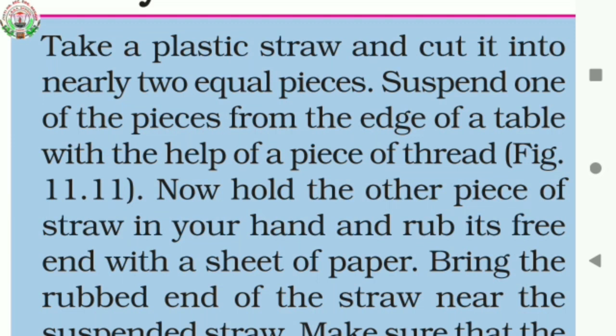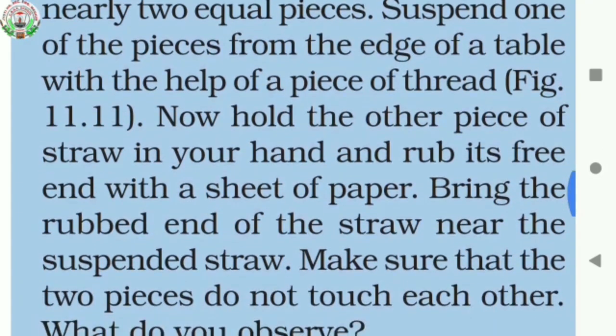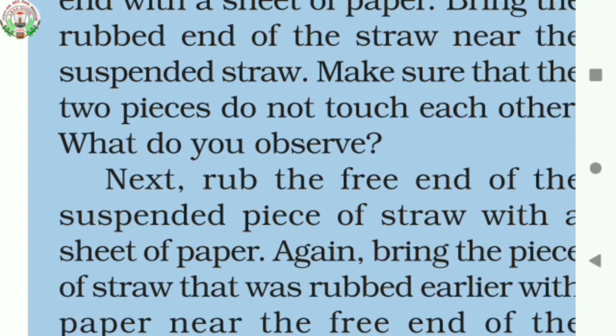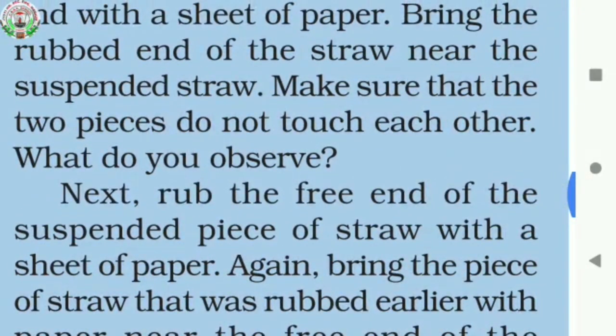Now hold the other piece of straw in your hand and rub its free end with a sheet of paper. Bring the rubbed end of the straw near the suspended straw. Make sure that the two pieces do not touch each other. What do you observe?